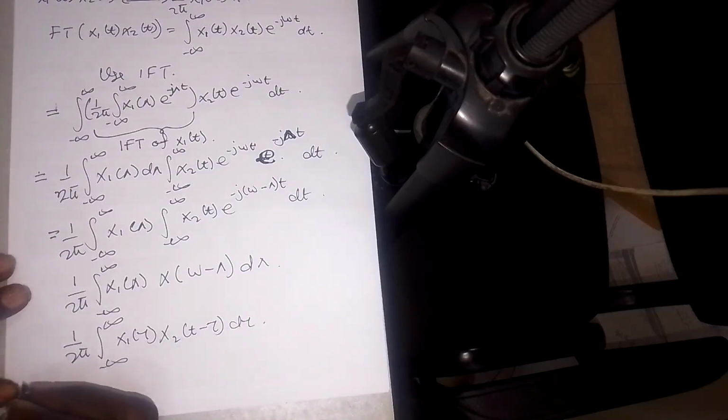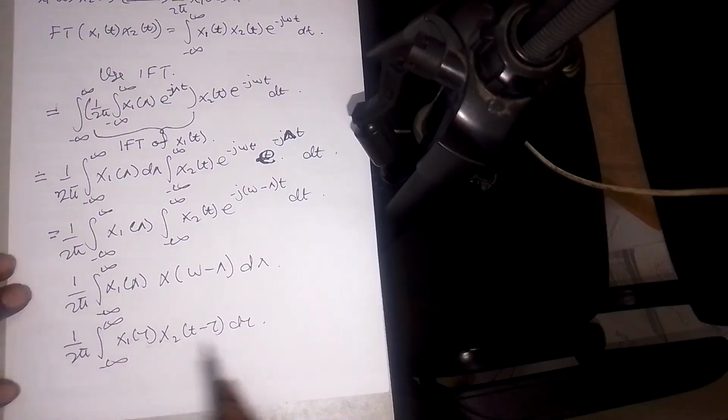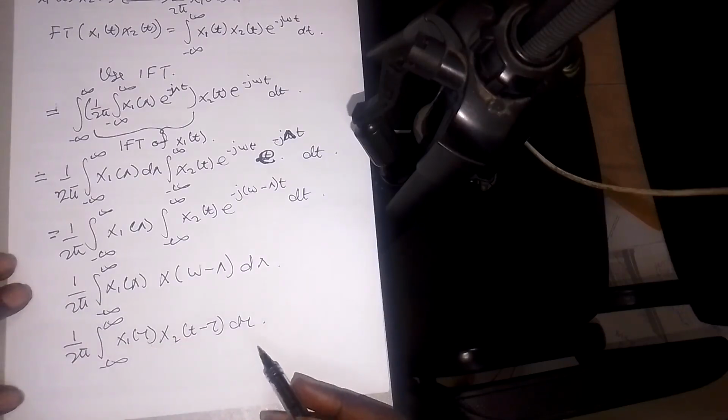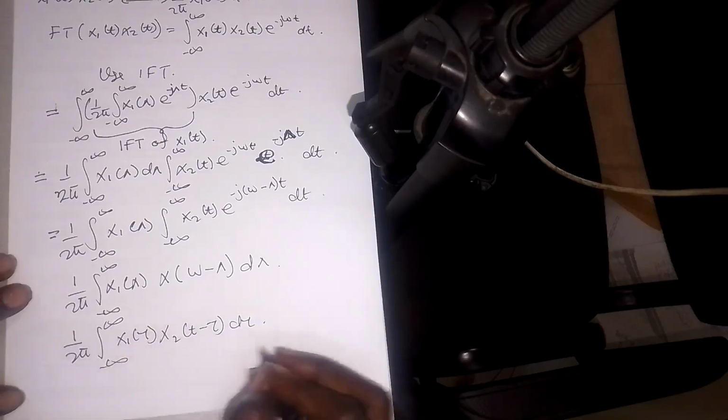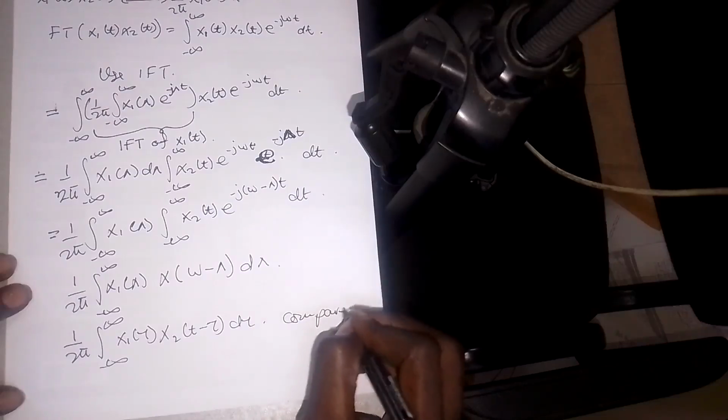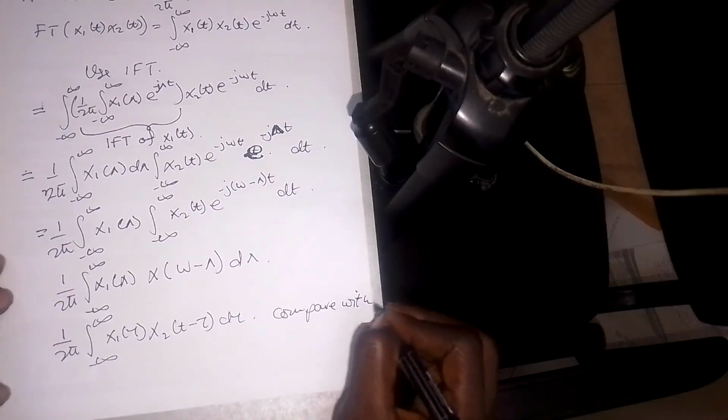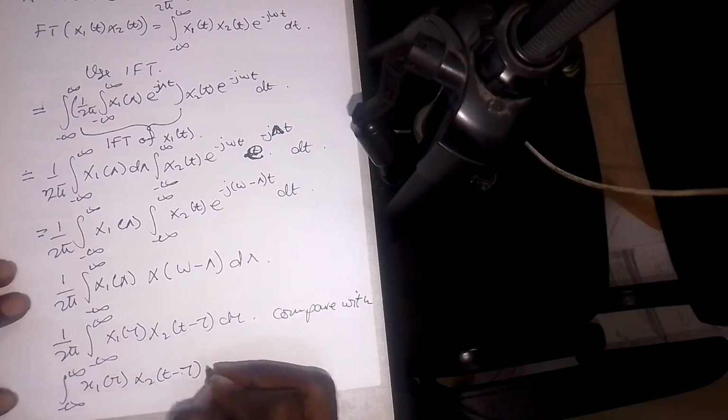So if I do a comparison with what I have below here, let's say I have the integral of x1 of tau into x2 of t minus tau d tau, the normal convolution.